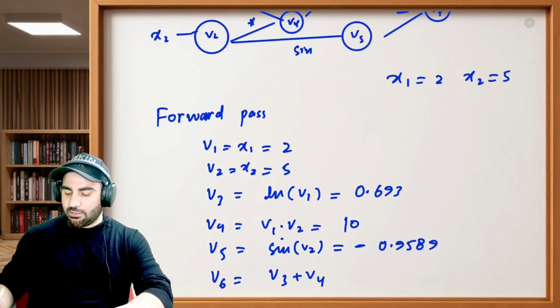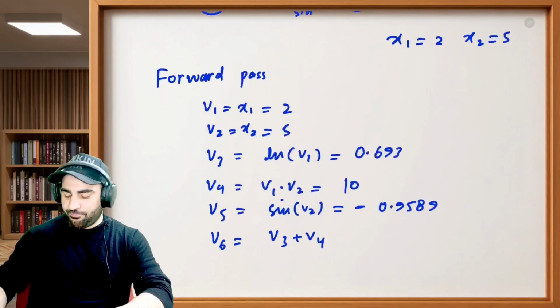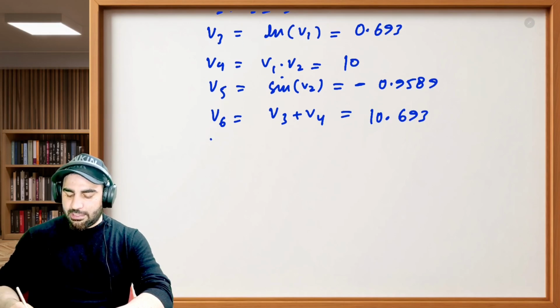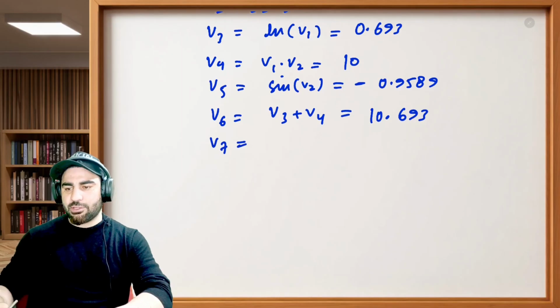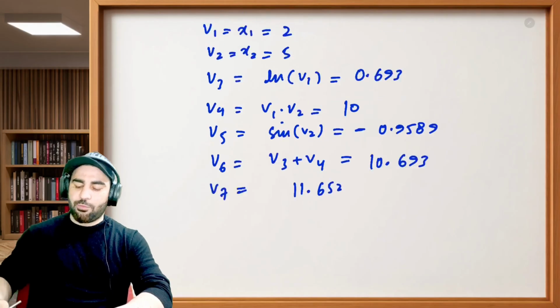Okay, these two terms, if you see from this expression, log term plus this x1 x2. So if you evaluate these two things now, you have values of v3, you have values of v4. I think this should be 10.693, roughly. And then v7 is a subtraction, so you'll subtract this, so this is equal to 11.652. This is how we perform the forward pass.